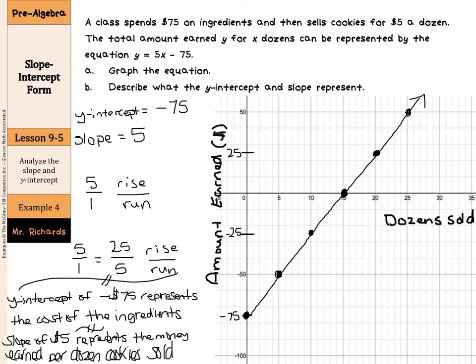And that's enough for this interpretation. And that's our last example for this lesson on slope-intercept form. Good luck.